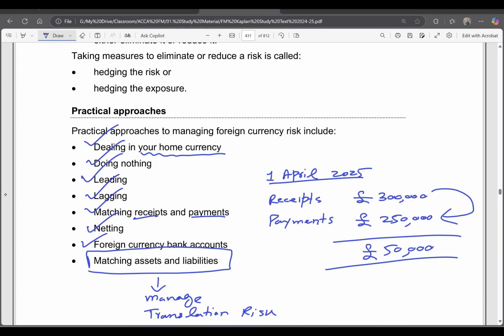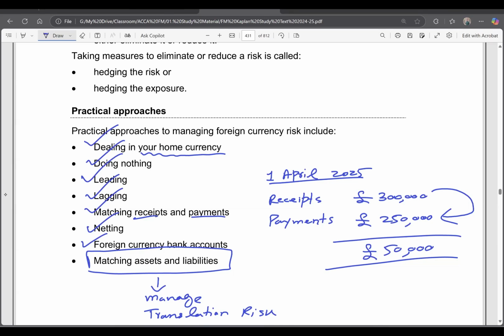So if you are going for foreign investment, you're buying a foreign asset, not only a subsidiary, maybe a factory, a plant, production machinery, or a foreign investment property in any foreign country, in India, anywhere in the world, better finance it from the same local currency.